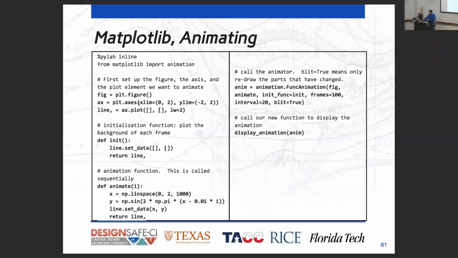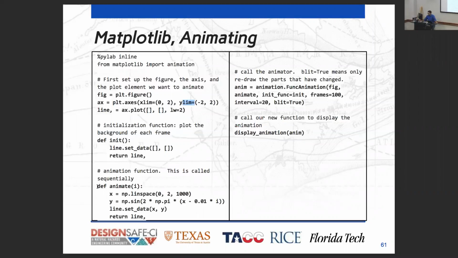We're going to set up our axes, our X and our Y, so we plot out our lines. In this case, I did create an initialization function that is essentially going to plot the background of our frame.